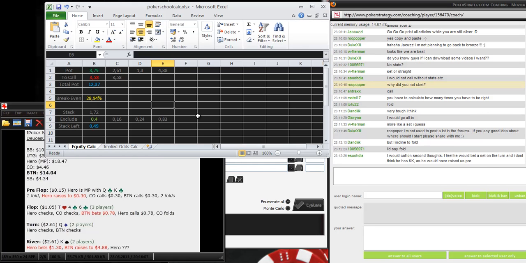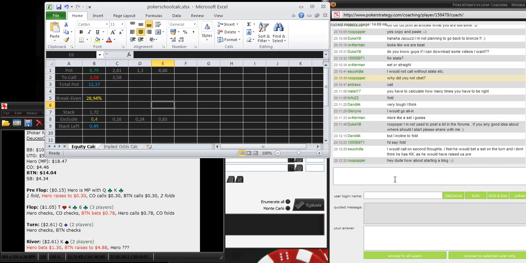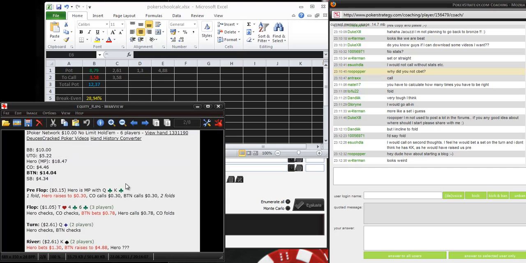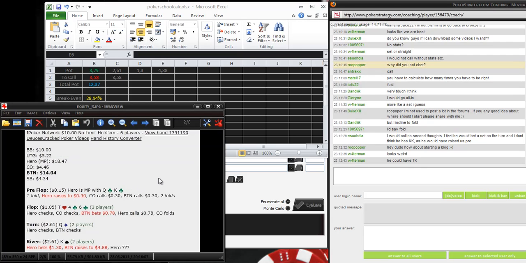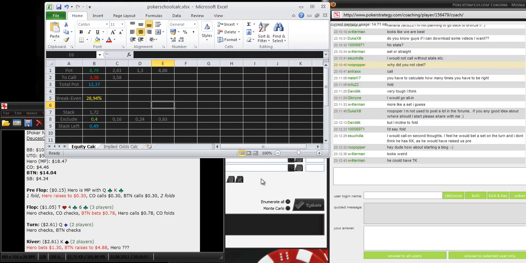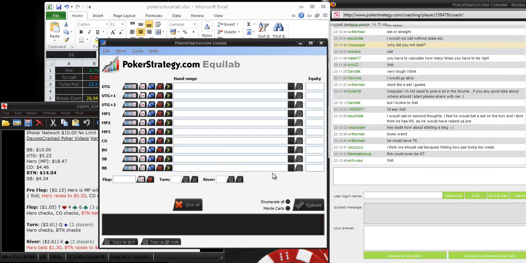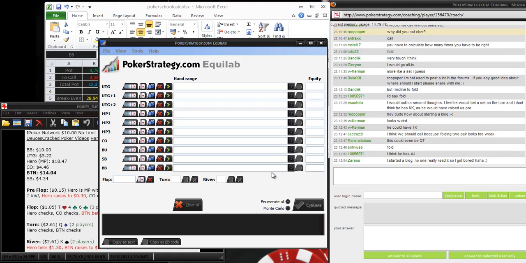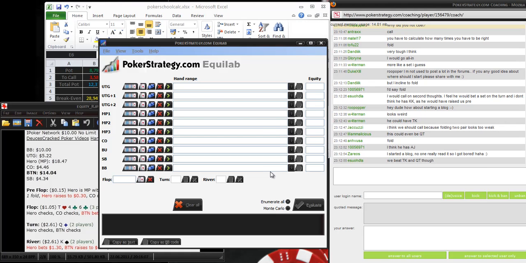Okay, some are for fold, some are for call. I do agree with you guys that it's a pretty difficult situation, and the only way to understand those kinds of situations is to ask ourselves what kind of range the button could have there.